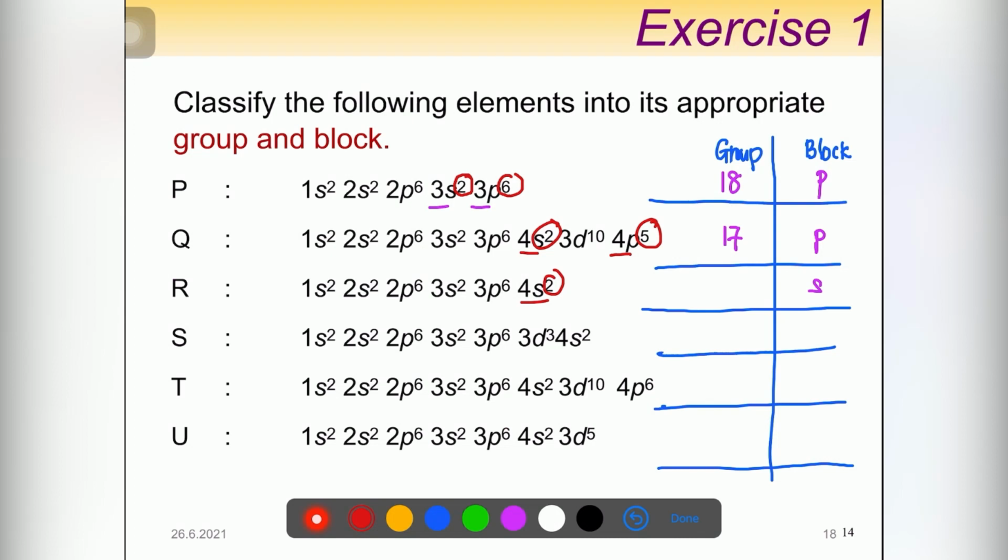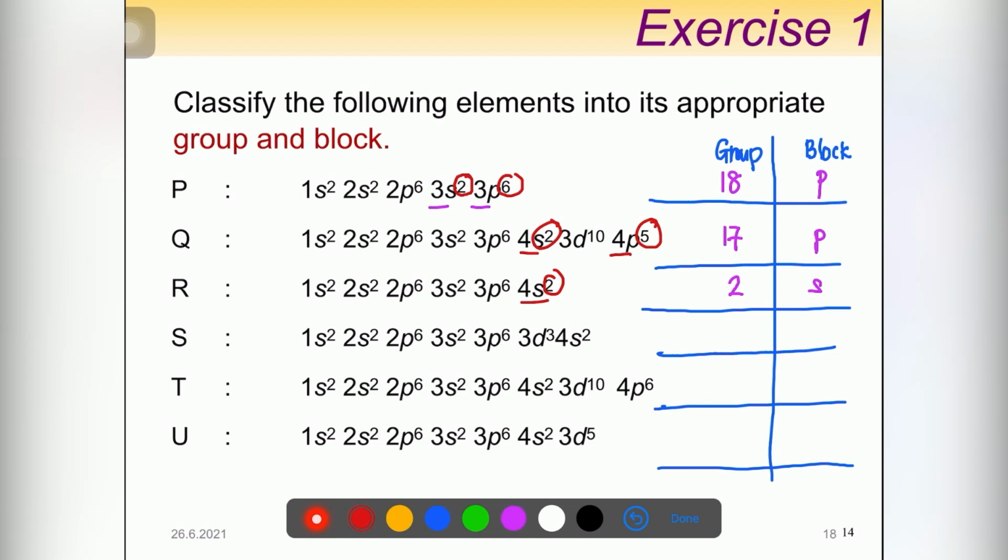The number of valence electrons is the group number of the element. Because it has 2 valence electrons, it is in group 2. Because it is s orbital, no need to add 10. Only for p orbital valence electrons, add 10.